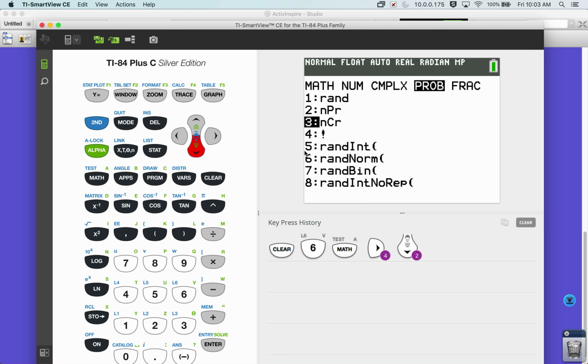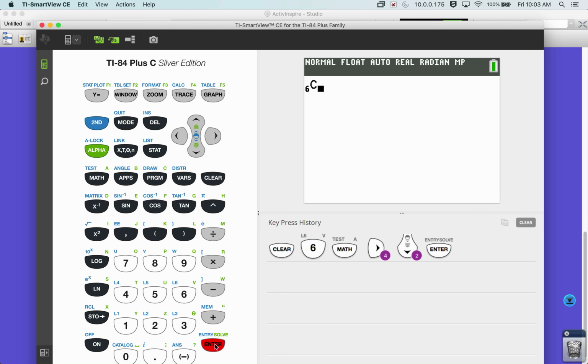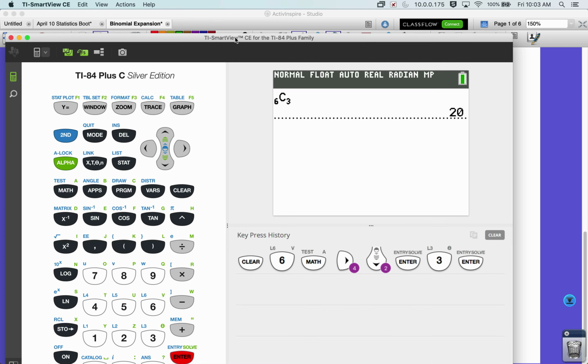You see the nCr there, and then it fills in that 6. On some of the older calculators, it just has the 6, then the nCr. But this one actually fills it in nicely. So I want to do 6C3, and let's see if that is indeed 20. That's what we said it should be.